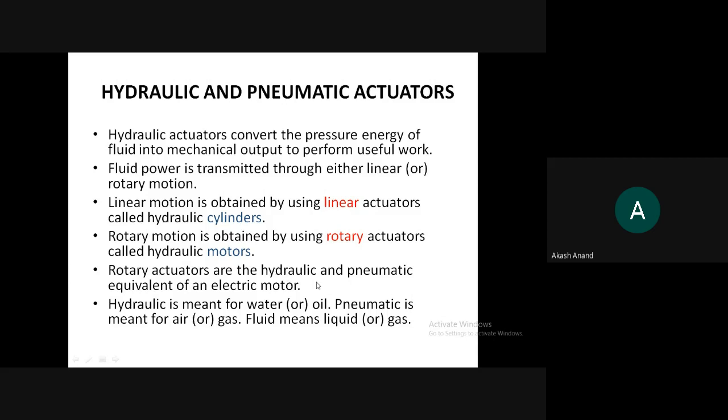So a hydraulic motor is equivalent to an electric motor. Similarly, a pneumatic actuator is also equivalent to the electric motor, because it takes compressed air as input and gives rotary motion as the output. I think you can understand what I mentioned here. Moving on to the next point, hydraulic is meant for water or oil, and pneumatic is meant for air or gas.